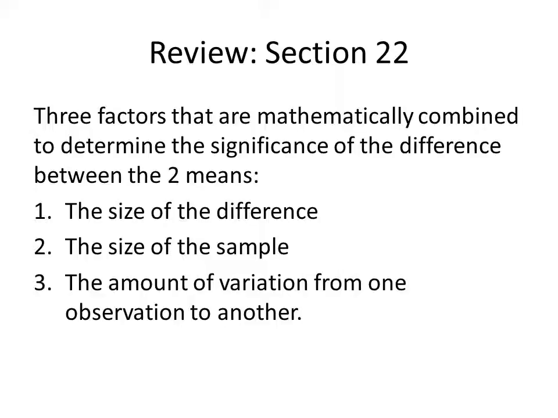What we have to look at in these three factors is the size of the difference, the size of the sample, and the amount of variation from one observation to another.